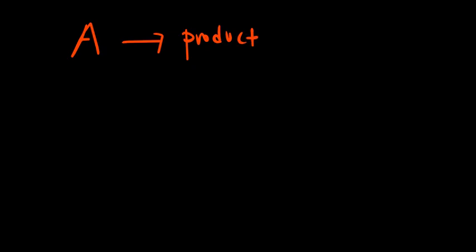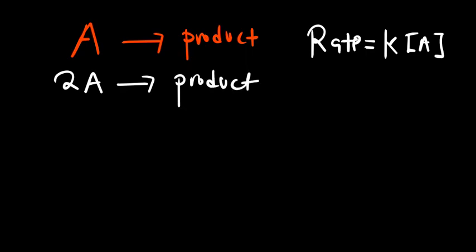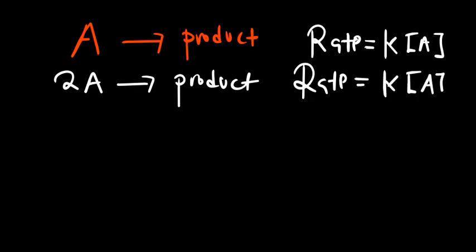When it's just alone as a reactant, the rate is going to be your rate constant multiplied by the concentration of A. Then let's say we have 2A, and 2A gives us a product. What is going to be the rate? The rate in this case is going to be K multiplied by the concentration of A squared. Why? Because we've doubled A.